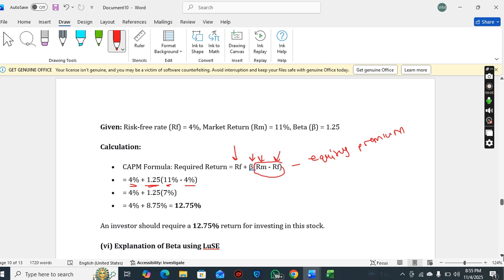Okay. Colleagues, just hold on. I just want to connect this thing here. Yes, so you do 11 minus 4, 7%. 7 times 1.25, 8.75%. 8.75 plus 4, 12.75.